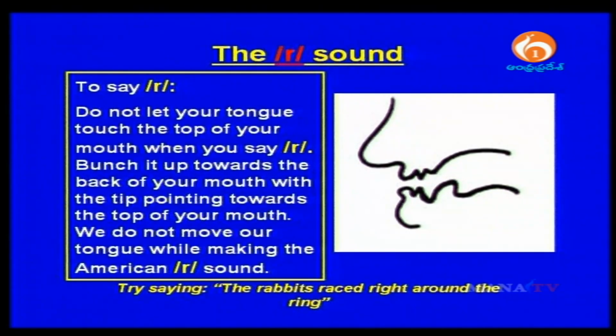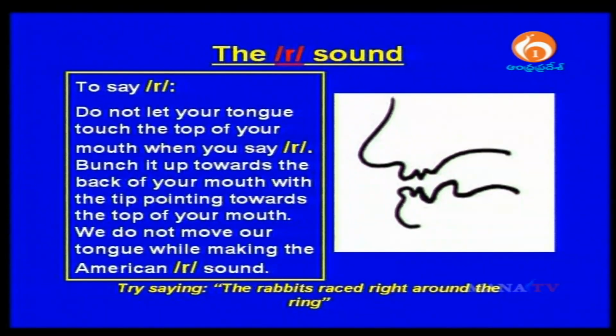An American would actually roll the tongue against the roof of the mouth, and then you would get that r sound. But if you're talking about a Britisher, they would rather lightly tap at it or just go close to it, just bunch it up towards the back of your mouth with the tip of the tongue pointing towards the top of your mouth. It sounds like a dancing exercise, doesn't it?